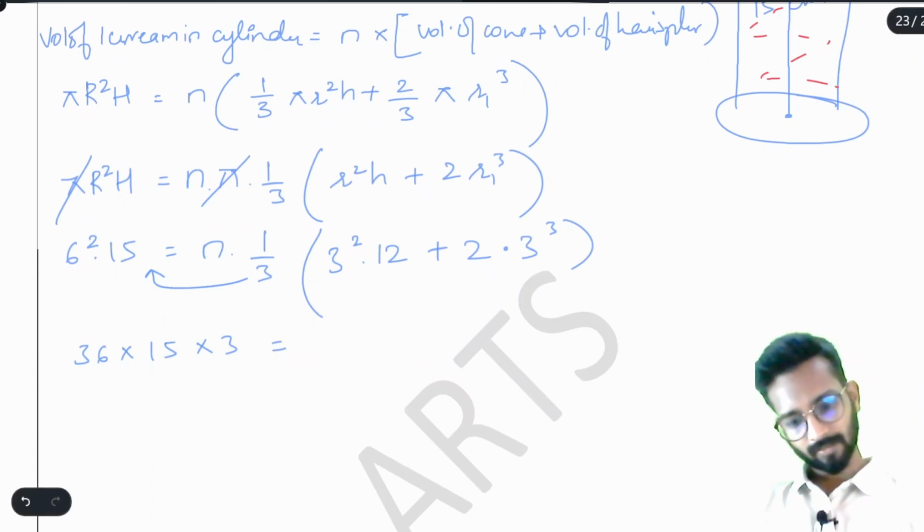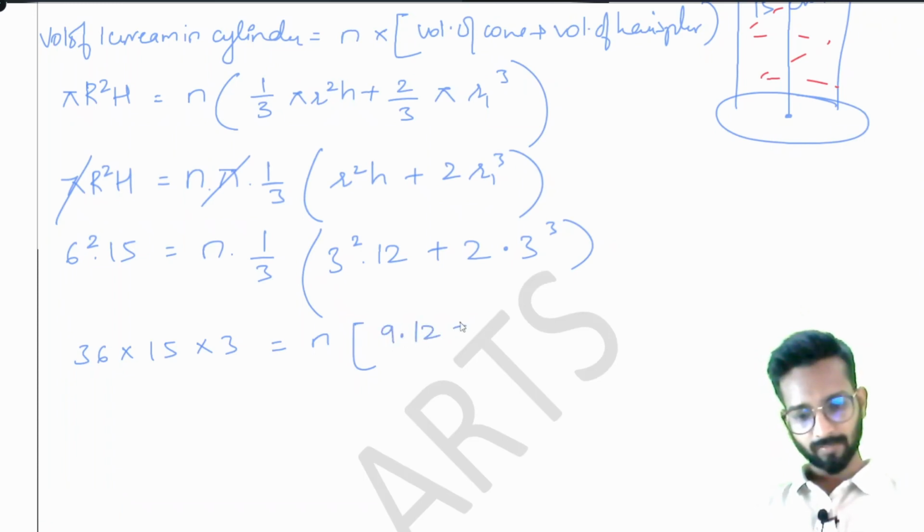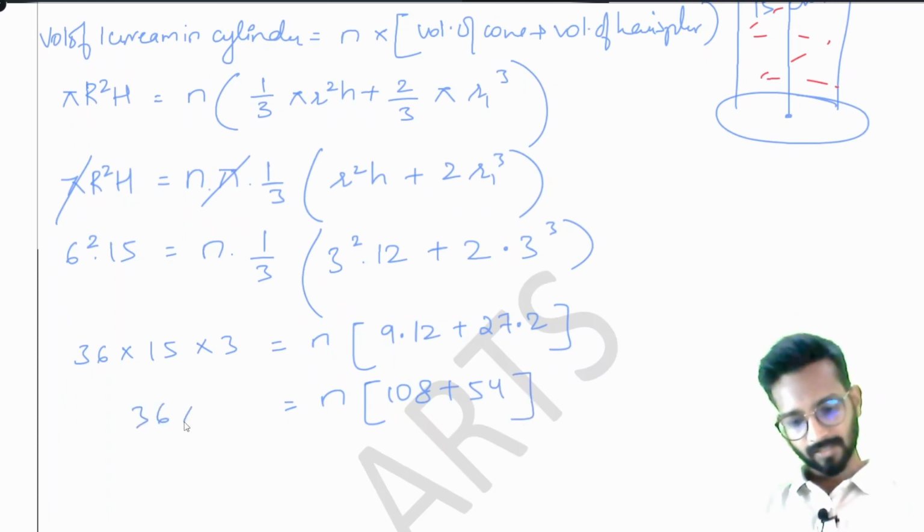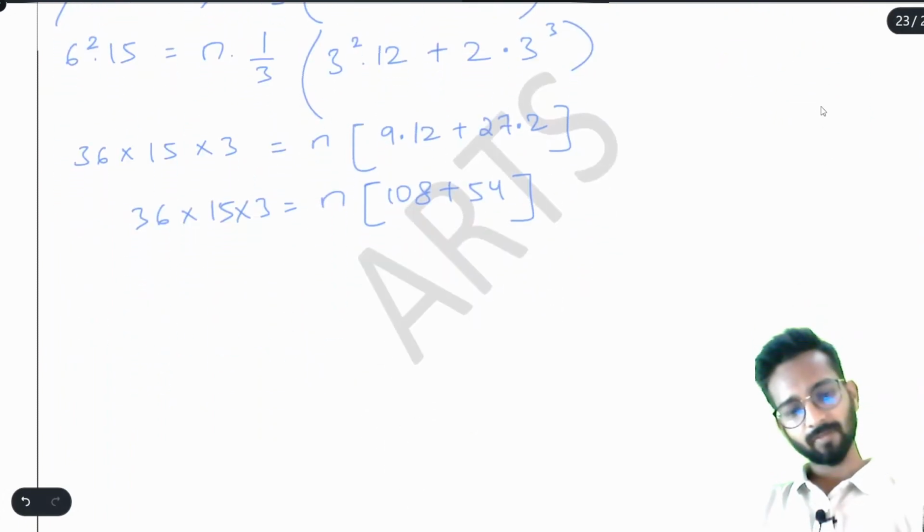Now equals n, 3 3s are 9 into 12, plus 3 3s are 9, 3 9s are 27, into 2. It will be 108 plus 54. This is 36, multiply 15, multiply 3. I am not solving this because ultimately it will be cut.